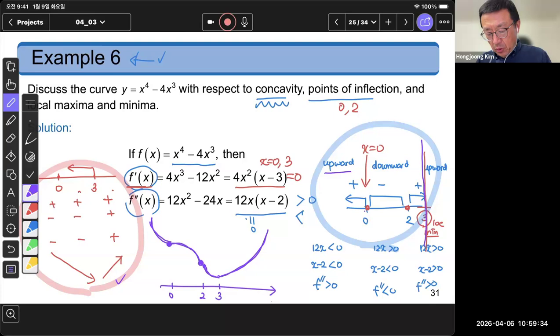Right? So when you look at this graph, there are 2 inflection points and 1 local minimum, but there won't be a local maximum. So this is the graph you can derive based on this first derivative and second derivative.